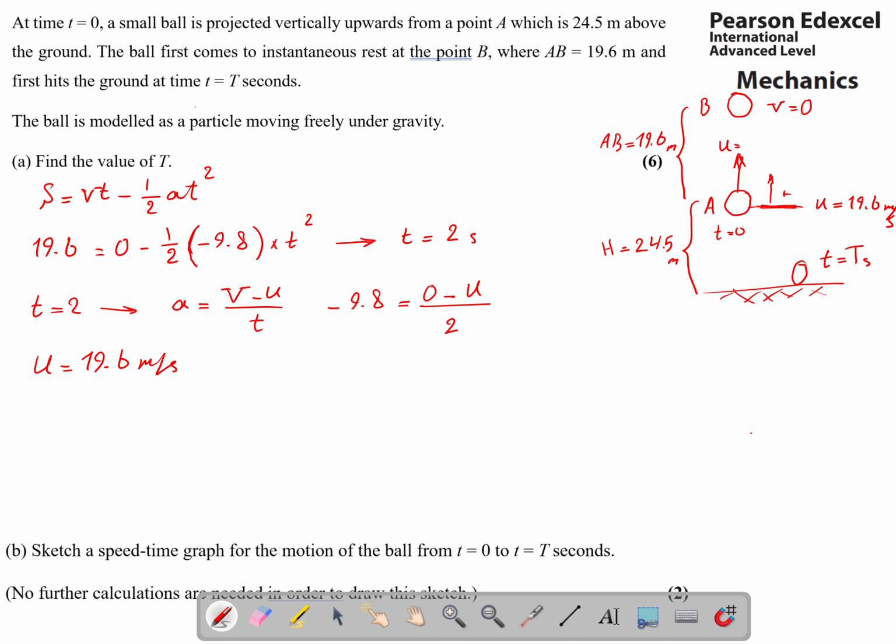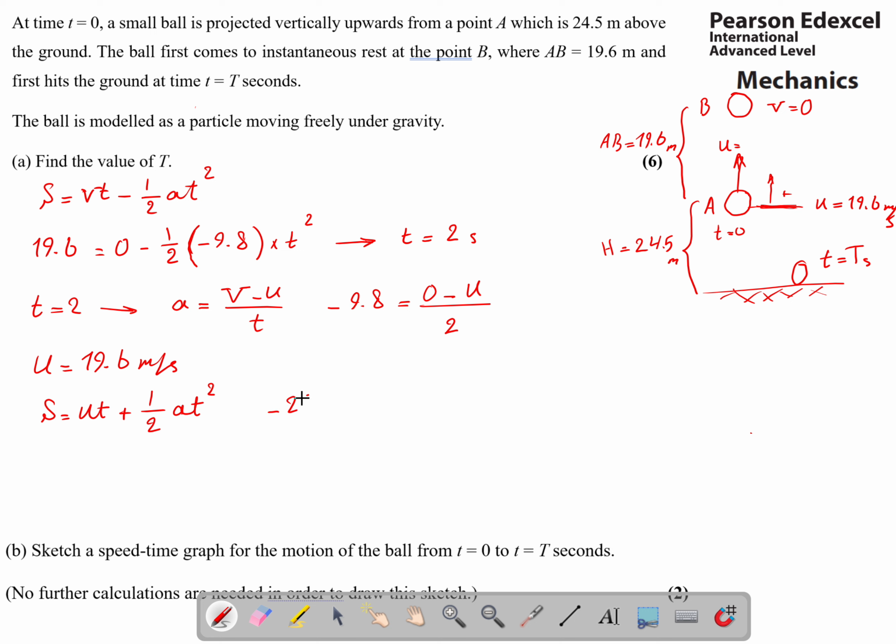Now we have the initial velocity, and we have the displacement from A to the final point where the ball hits the ground, and now we can find the time using the equation S equals ut plus 1 over 2 a t power 2. Again, be careful, since our origin is A, displacement will be minus 24.5.